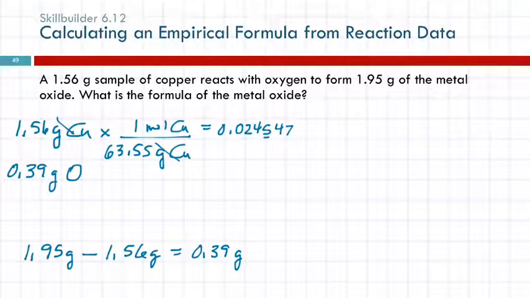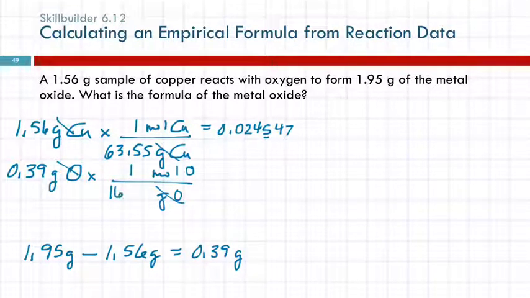And then I've got this mass of oxygen that I want to convert to moles of oxygen. So I multiply by moles and divide by grams. So the units come out, converting grams to moles. 1 mole of oxygen weighs 16.00 grams. So I've got 0.39 divided by 16. 0.024375.